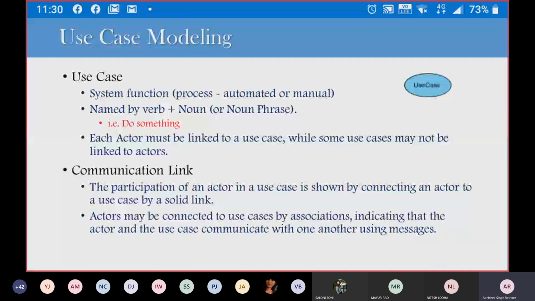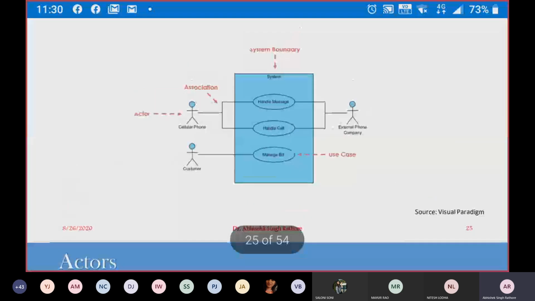The general convention is that we use a verb, or a verb plus noun, or a noun phrase, but it starts with a verb, as shown in slide number 25. We have three use cases: handle messages, handle call, manage bill. So these are functions. We use a verb plus noun, or verb phrase, or noun phrase. It should start with a verb.